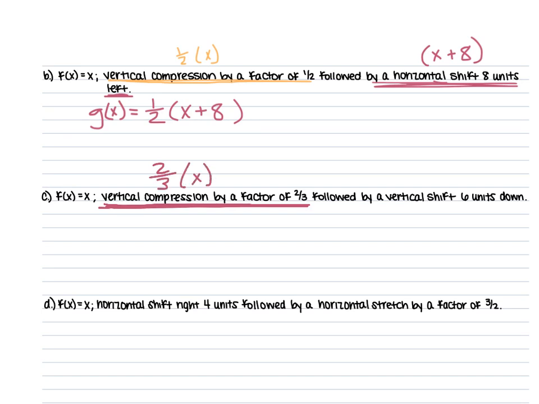And then what about a vertical shift 6 units down? Minus 6 on the outside. So we have x minus 6. So now we just plug everything in for our g of x. So we have 2/3 times x minus 6. Here it's important that we don't have any parentheses because everything happens on the outside.